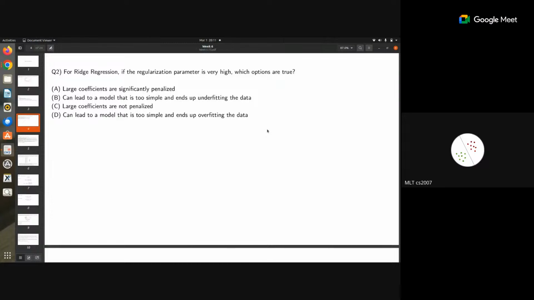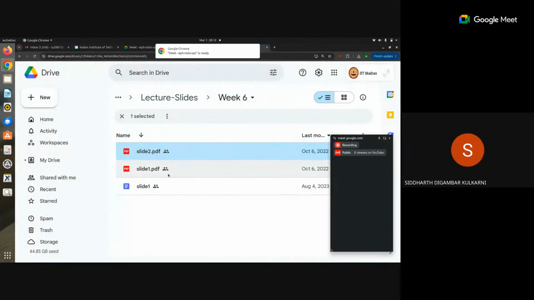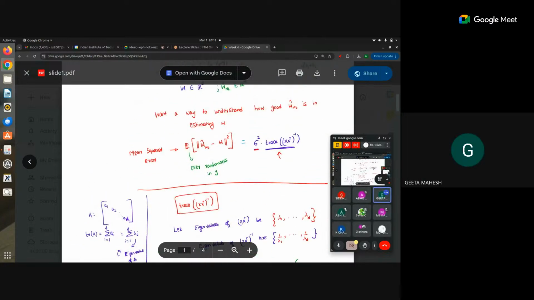What does the regularization parameter actually do to your W's? Why are we introducing lambda, the parameter? To decrease the error, we have to reduce W to 0.